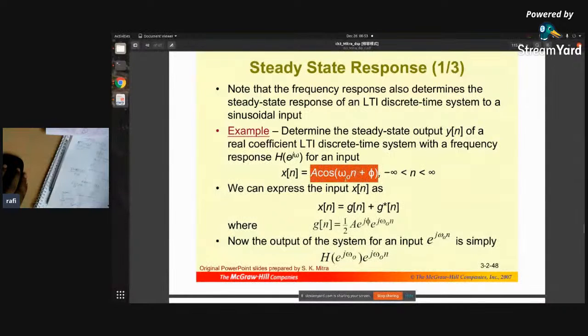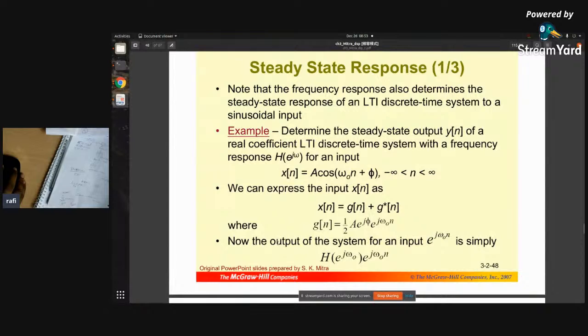You can always, from Euler's identity, put x of n as g of n plus g star of n, so that the sum of a complex number and its conjugate is always real. That g of n happens to be half a times e power j omega naught n plus phi, so that half a plus half a will become a.